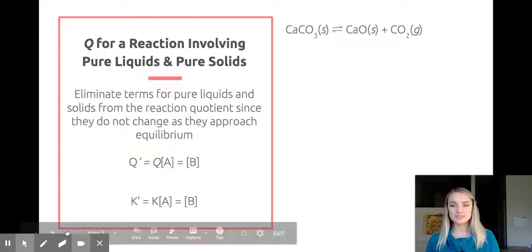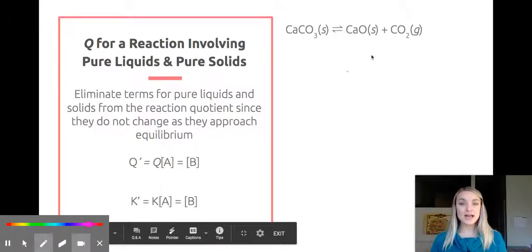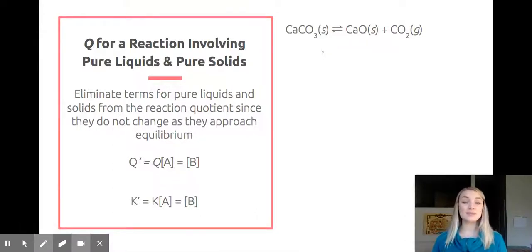So let's take a look at CaCO3 solid decomposing into CaO solid plus CO2. If we were to initially write our reaction quotient just based off of this reaction as we normally would, this is what it would look like.